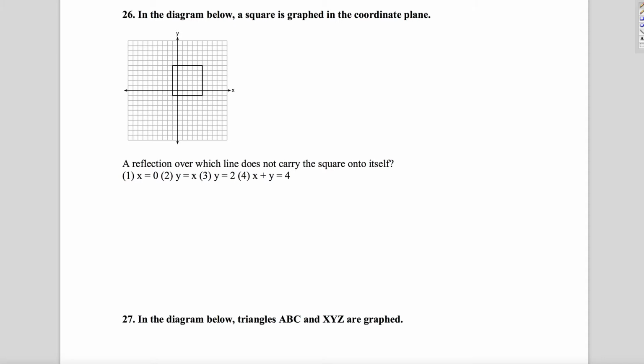This one, they want to know which does not carry the square onto itself. So let's look at the ones that do. For y equals x, that's this graph. If you reflected it, this triangle here would land on the other triangle. You understand? It would be onto itself. It wouldn't occupy any new territory. Let's look at another example. The line y equals 2, that's this line. It cuts it in half, you understand?